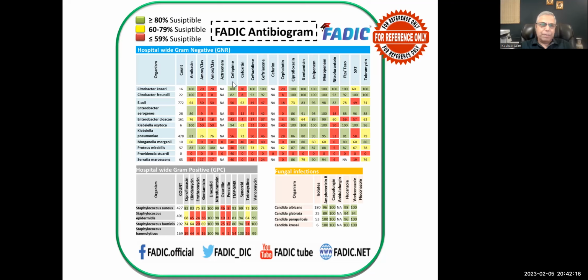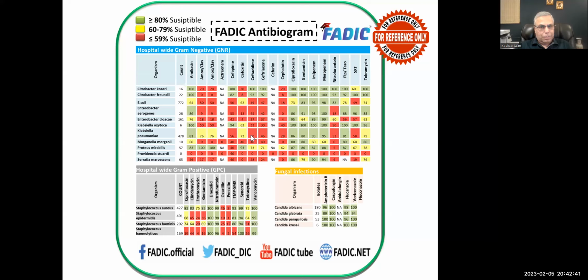Cefepime, again, a lot of resistance. Ceftriaxone, ceftazidime, resistance. Even Pseudomonas is not here. But you see ciprofloxacin, gentamicin, imipenem, meropenem, they are good drugs. Almost just one of these bacteria is resistant. And tobramycin is also good.